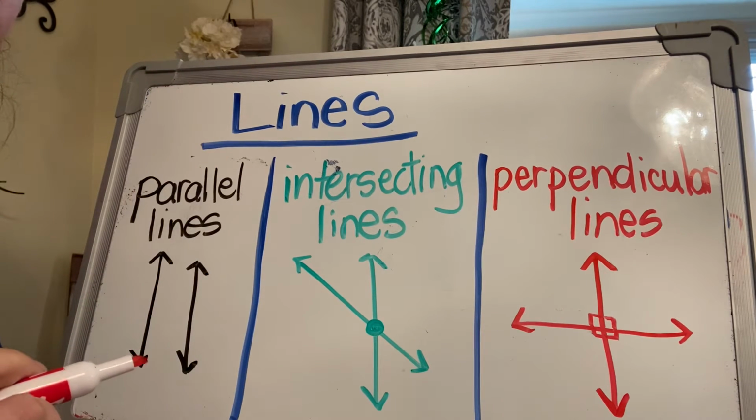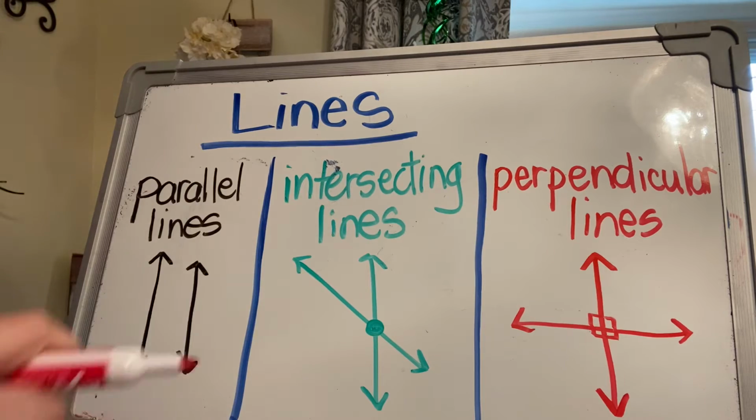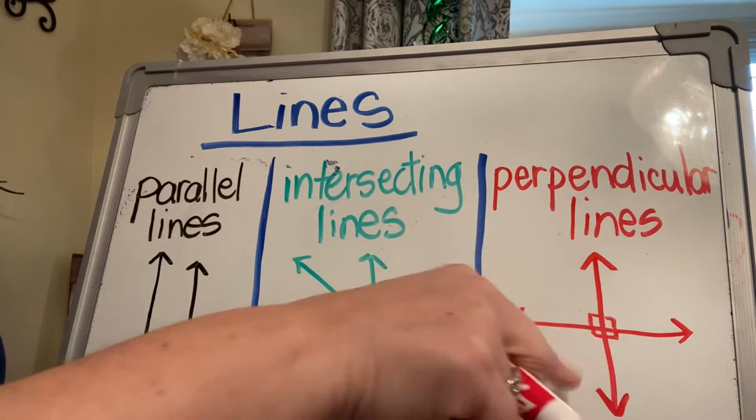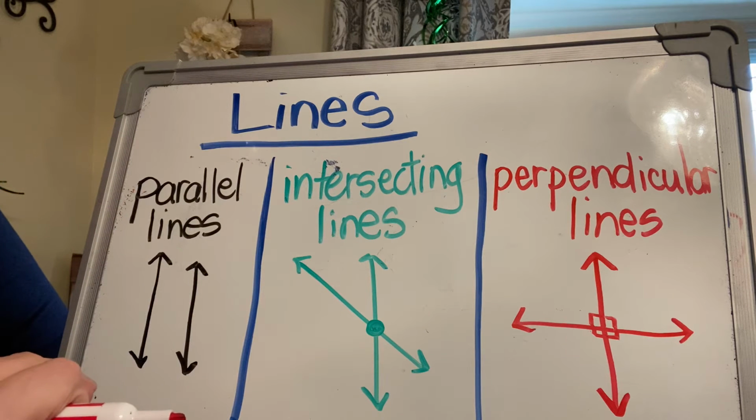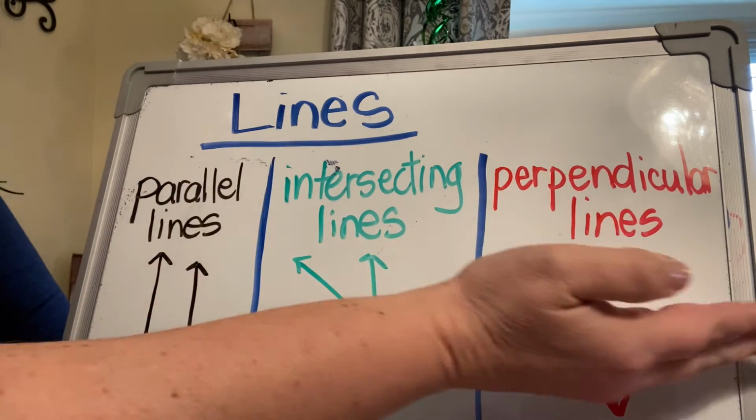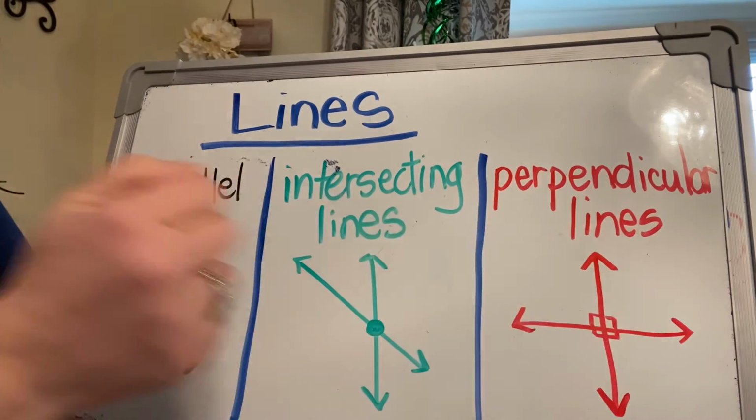So they intersect, but then they form 4 right angles. An intersection, like at the end of your street or on the highway where there's a traffic light, that's usually where you could find perpendicular lines. They always put that traffic light there so that traffic doesn't run into each other because they're going in 2 different directions.